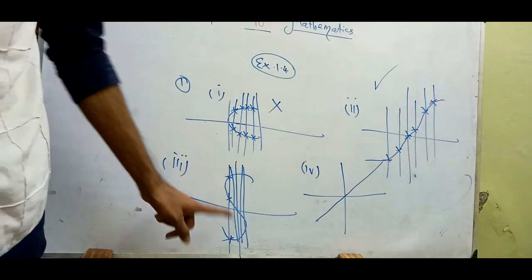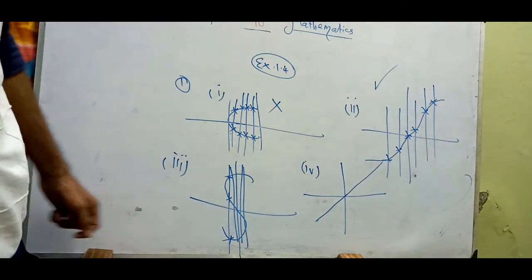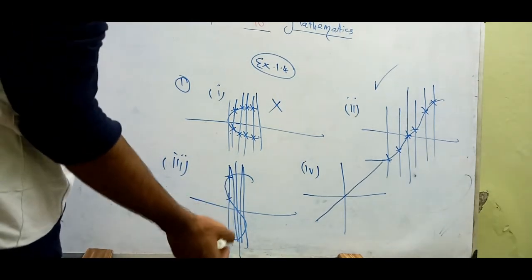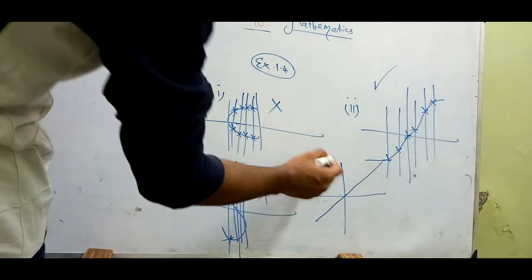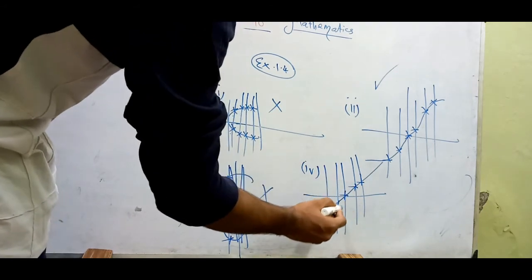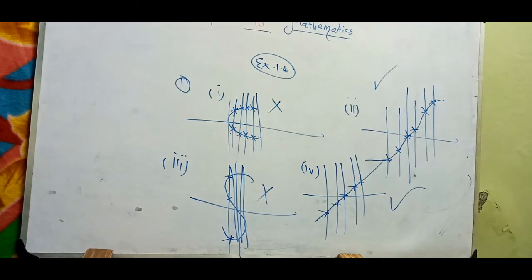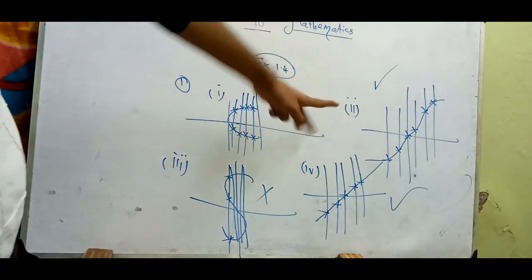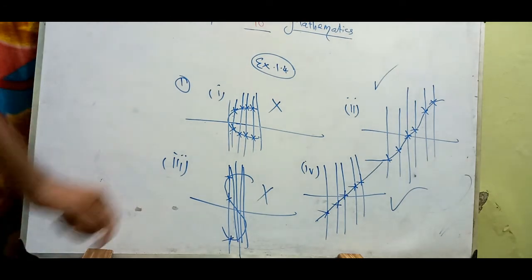Here it cuts 3 points, everywhere the vertical line cuts the graph in 3 points. So it is not a function. Here it is clearly seen it cuts at exactly only 1 point. Therefore second and fourth are functions, and first and third are not functions for the given graphs.